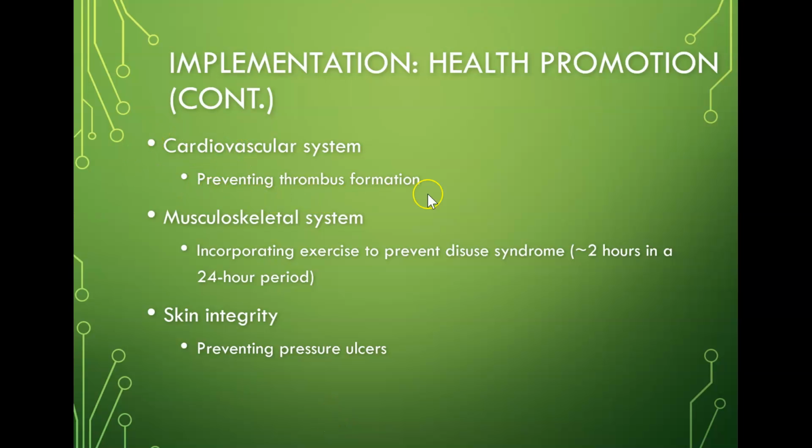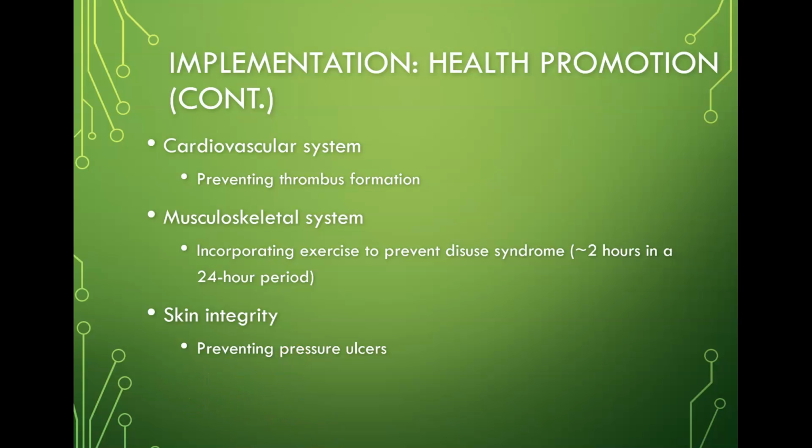So you want to prevent blood clot formation. So you would use things like TED hose and those type of things applied. You want to incorporate exercise to prevent disuse syndrome. At least 2 hours in a 24-hour period.